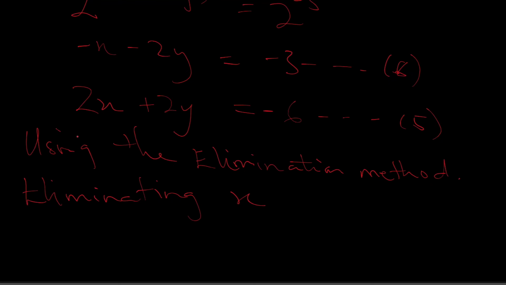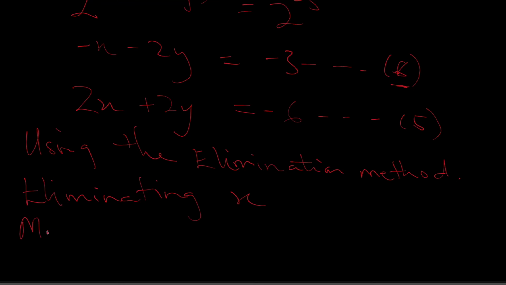Now what we do is to make the coefficients of x in both equations the same. In eliminating x, we get rid of the x, but we can't do that here because the coefficients of x in both equations are not the same. So to equalize it, we multiply equation 6 by 2.